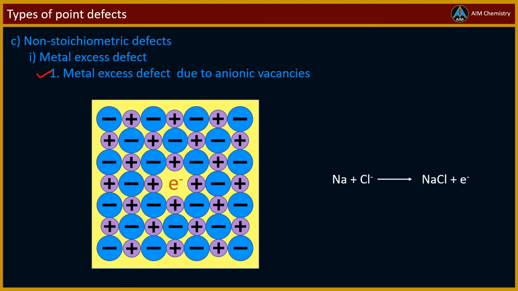The Cl- ions diffuse to the surface of the crystal and combine with Na atoms to give NaCl. This happens by loss of electron by sodium atoms to form Na+ ions. The released electrons diffuse into the crystal and occupy anionic sites. As a result, the crystal now has an excess of sodium.